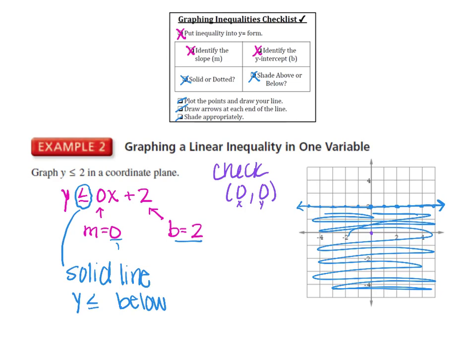If I put 0 in for x and y, well, this time it's just a y. 0 is less than or equal to 2. Yep, that's true, which means it should be shaded, and it is. Right? So at least I know that that point works, I can't check every point, but so I probably did it correct.